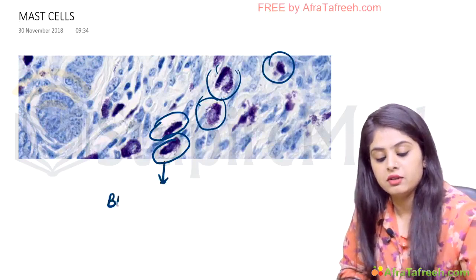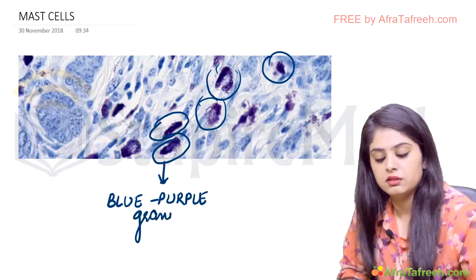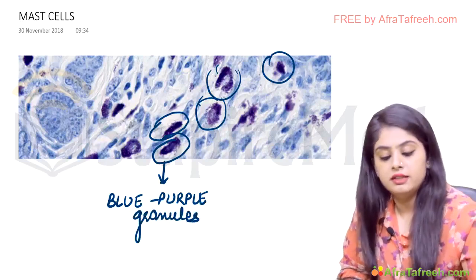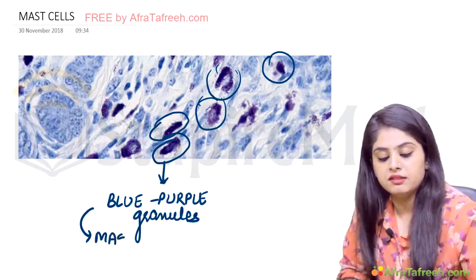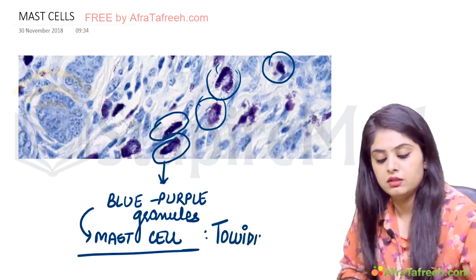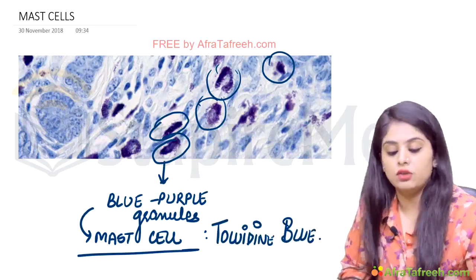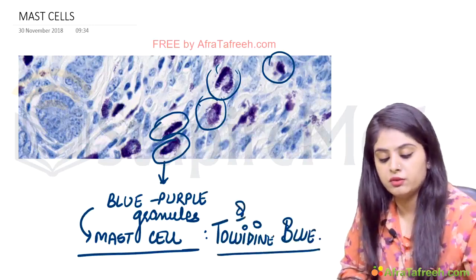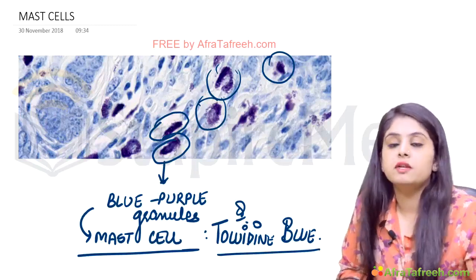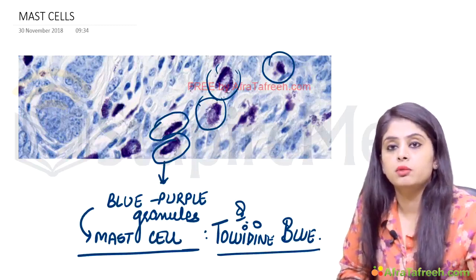They have these blue-purple granules. These are the mast cells, and the stain that is used for them is toluidine blue. So students, this is one of those questions which is very frequently asked. Mast cells are stained by toluidine blue.